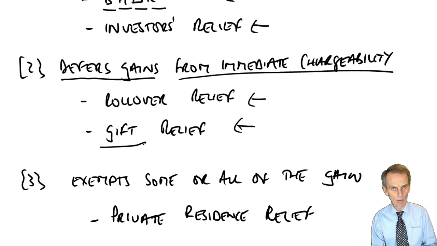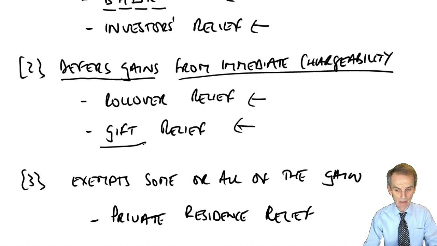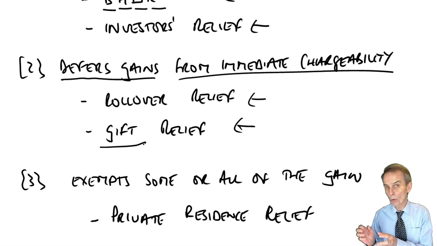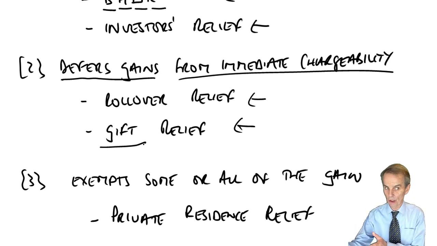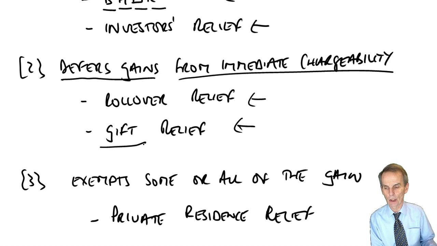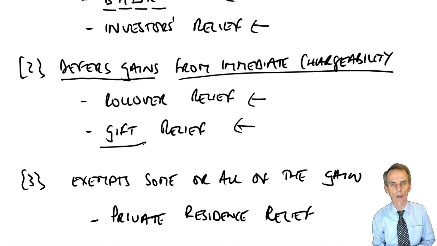Yes, a gain is computed, but the donor does not have to pay any capital gains tax in relation to that gain. Instead, the responsibility for that gain and what would be a future tax charge, not an immediate tax charge, passes to the donee. Again, that's a joint claim to be made by donor and donee.